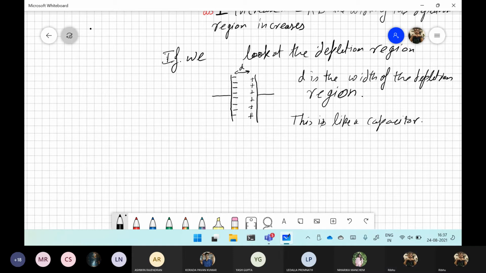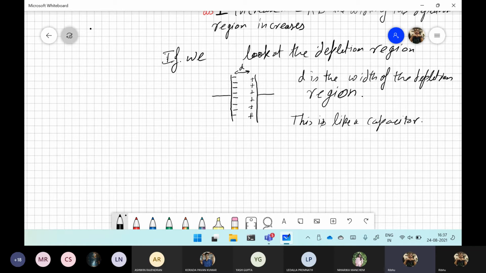Only embedded systems. Okay. Great. So whenever you have a course on VLSI design, you will come across this term parasitic capacitance. Whenever there is a reverse bias, or wherever there is a PN junction, there is a capacitance associated.